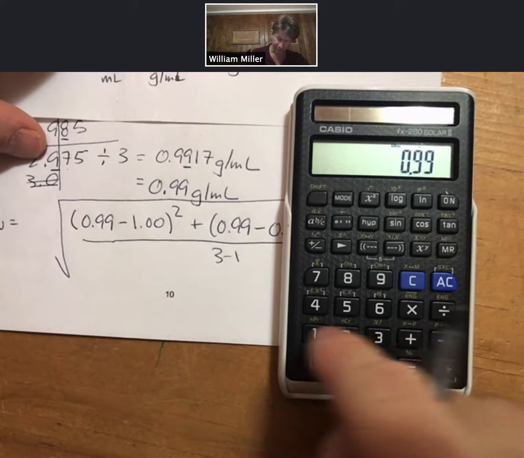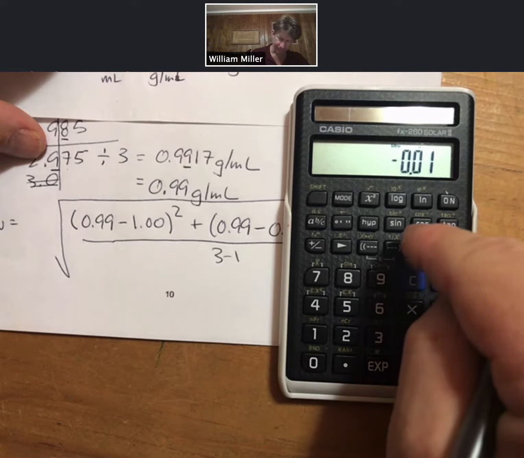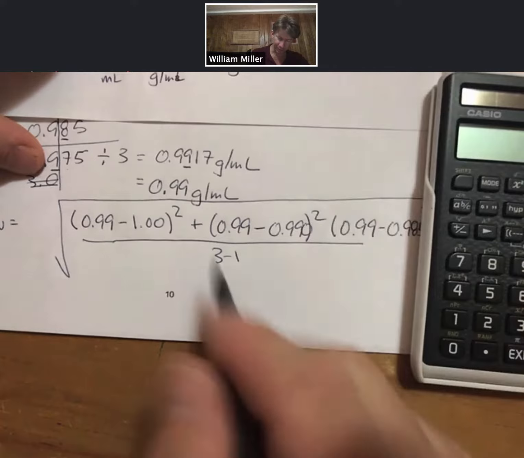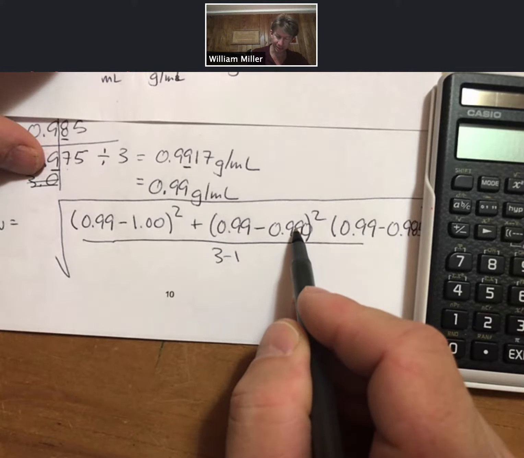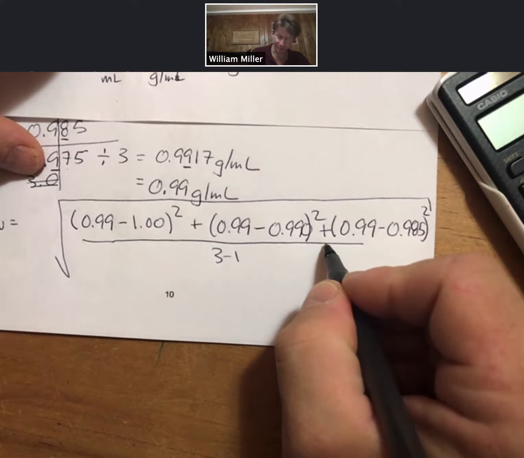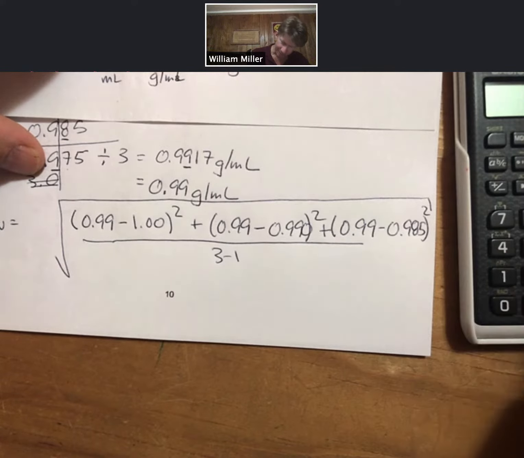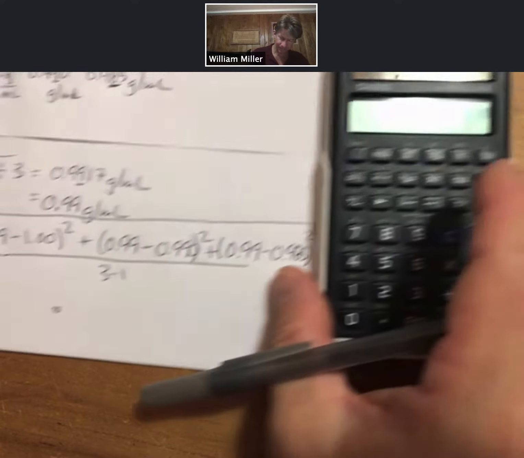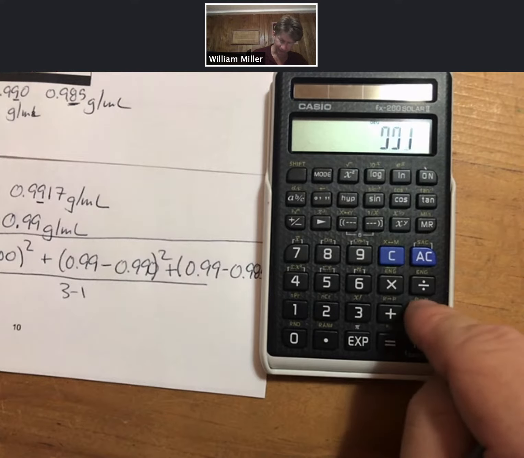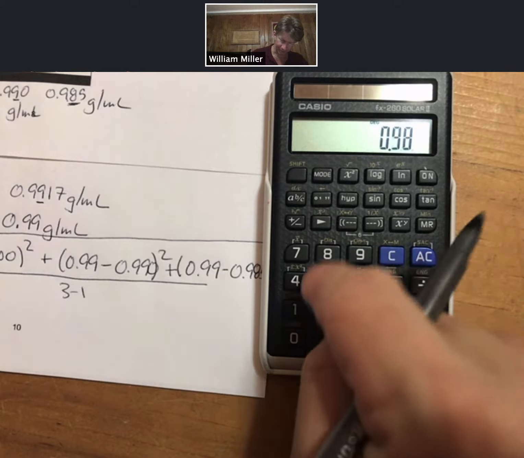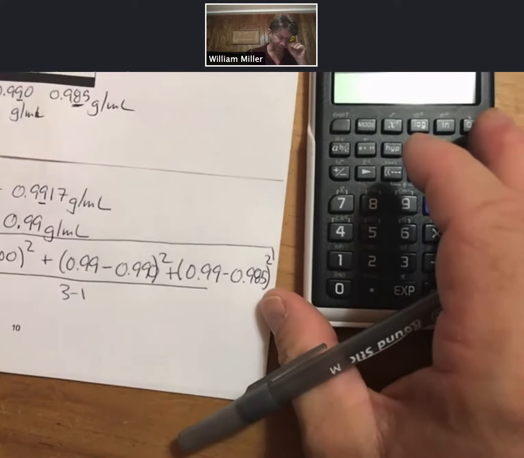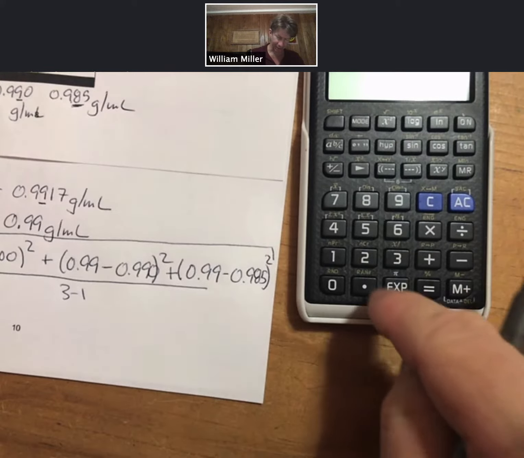So let me go ahead and do that. 0.99 minus 1, which is negative. Square it. Plus 0.99 minus 0.99, this is just 0, so I'm not going to include that. Plus 0.99 minus 0.985. I messed up my calculation because I did not use parentheses. So let's try again.